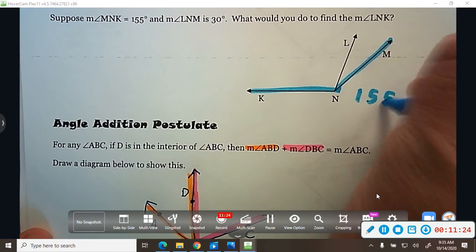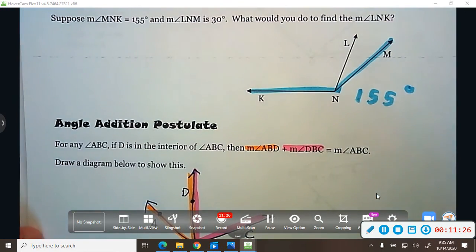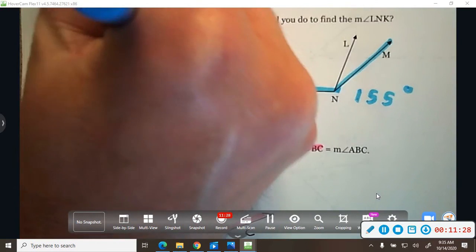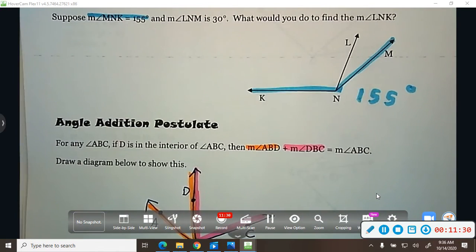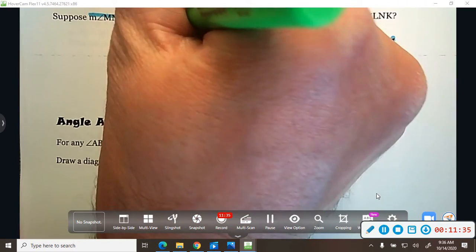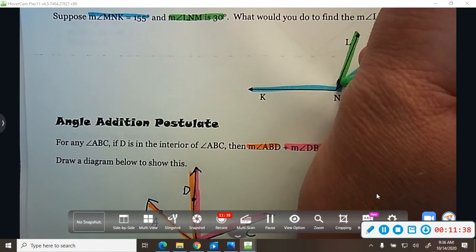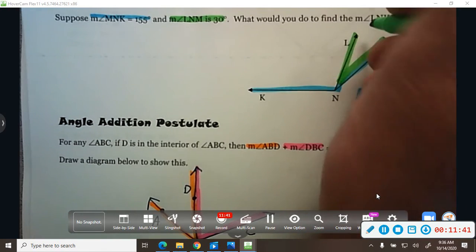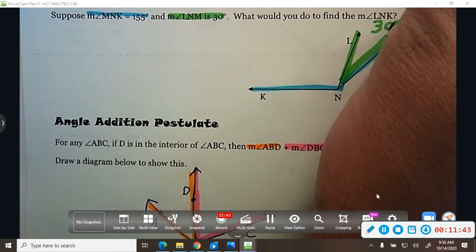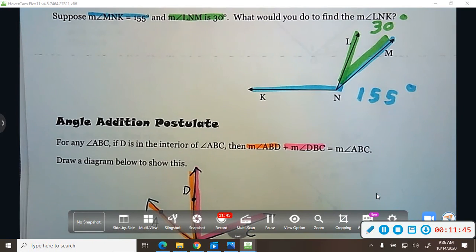That'd be the whole thing. And the measure of angle LNM is 30. So I start at L, go to N, go to M, is 30. What would you do to find the measure of LNK?